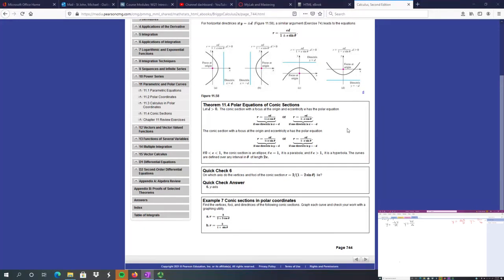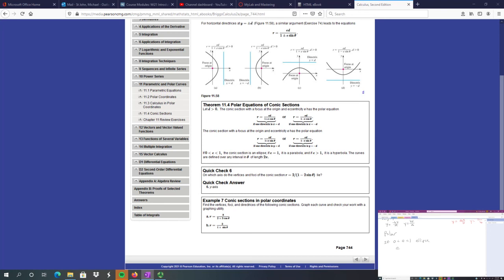I don't want to have to rewrite the whole thing out when you have it here. But the one thing about the polar form of our equations is the part at the bottom, which says that if 0 is less than e, less than 1, then we have an ellipse.